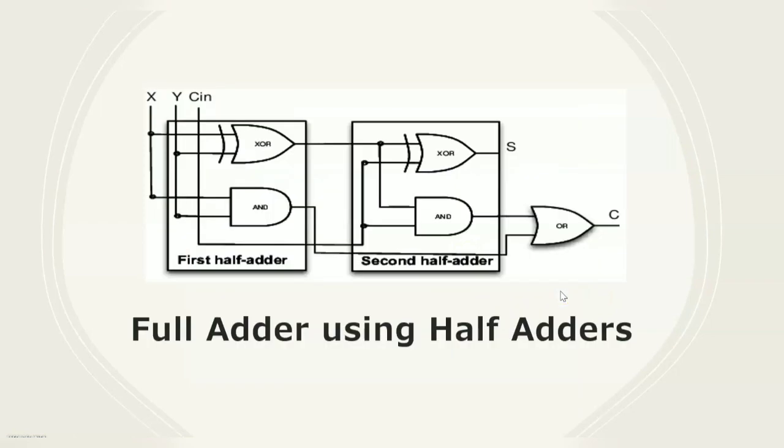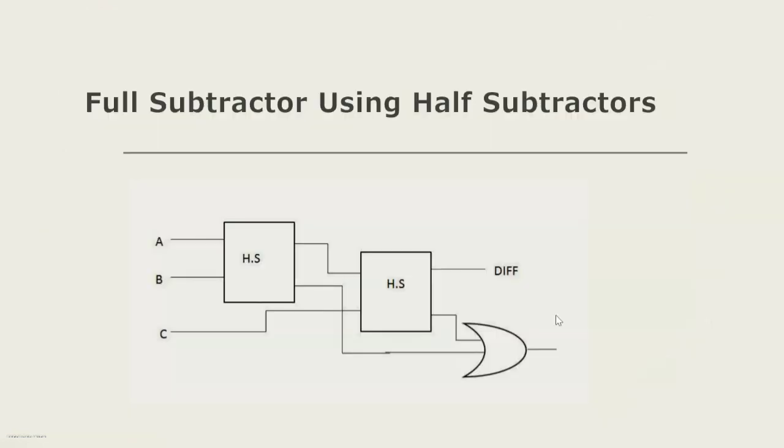Next, let us see how we can realize full adders using half adders and full subtractors using half subtractors. So this is a full adder circuit diagram, and you can realize the full adder using two half adders. This is the first half adder, this is the second half adder, and an OR gate. Okay, this is how you draw it. Next, full subtractor also can be realized with the help of half subtractors.